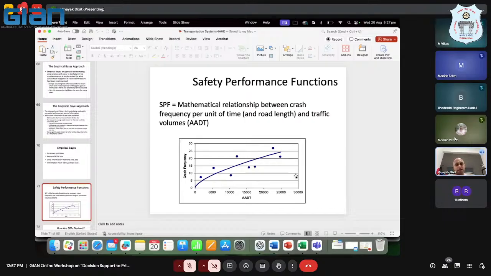They're basically similar sections. So what you do is regress the crashes with respect to AADT and the road length. The crash frequency is basically the number of crashes per kilometer per year. You'll find different AADTs and get different points on similar roads across your region, and that will give me the safety performance function. So I do a nonlinear regression, which is basically an exponential curve.